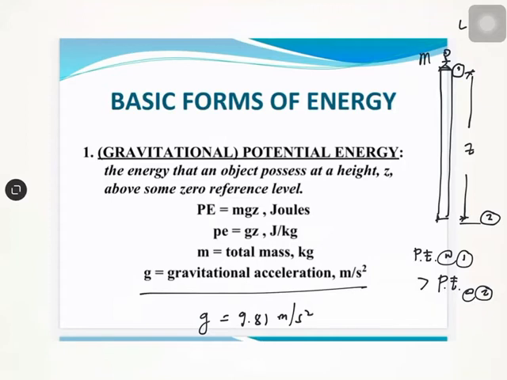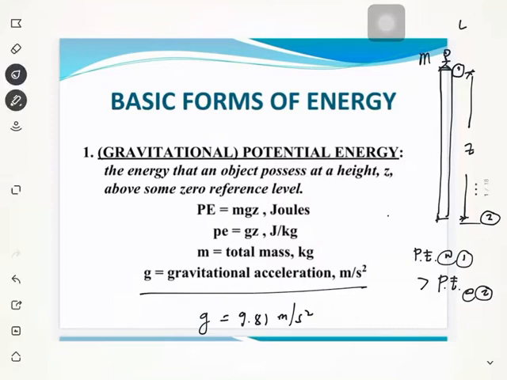In SI units, we have joule per kilogram, or simply joules, given the mass times gravity times the elevation. Okay, that's the number one basic form of energy.